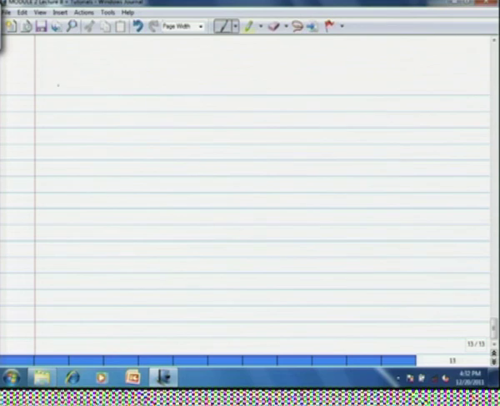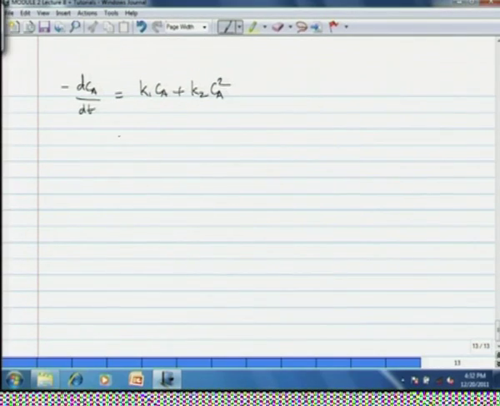Now, minus dCa by dt is equal to K1 into Ca plus K2 into Ca squared. Now, what we do is that we take the ratio of the two rate expressions.